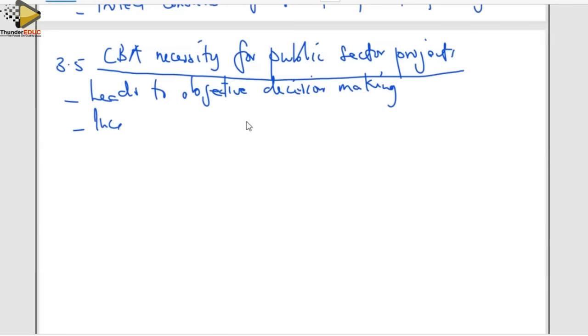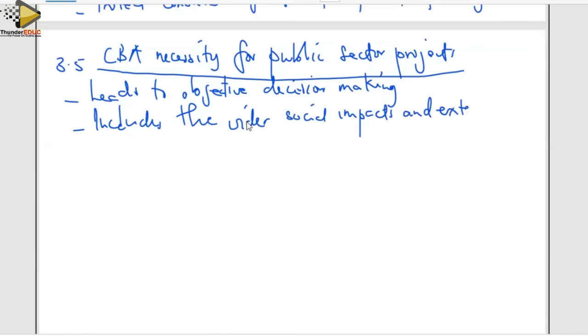And then we can also say it includes the wider social impact and externalities. We cannot afford to ignore the impacts on society or externalities to the society.